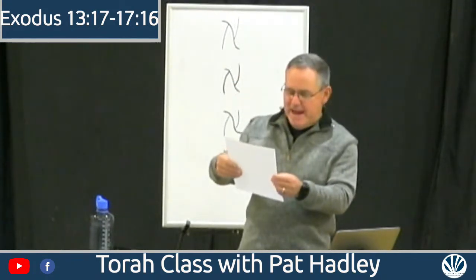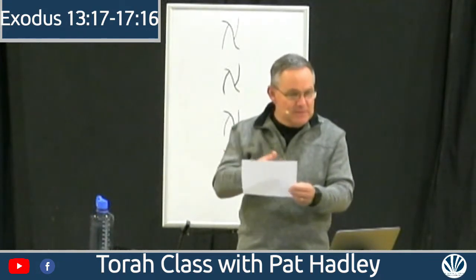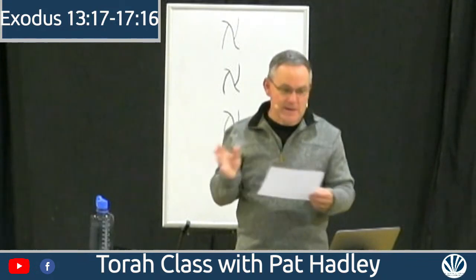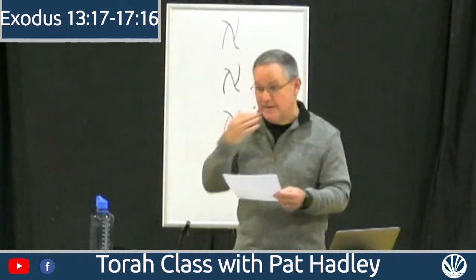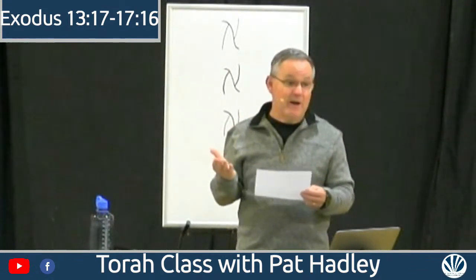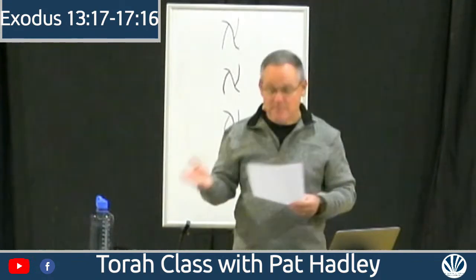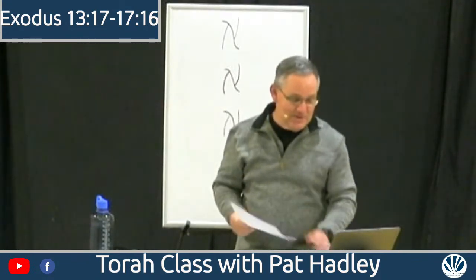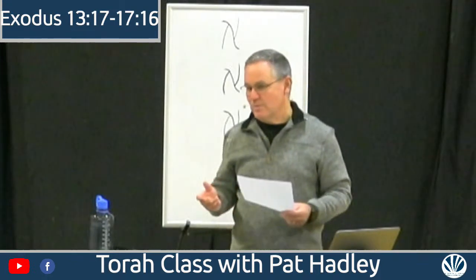Now, they have a name. Each of these vowel marks has a name, and the name is there. You do not need to memorize the names unless you want to. There's nothing wrong with doing that. Depending on how far you go into it and want to be an expert, then you would need to know the names, but not in order to be able to read.